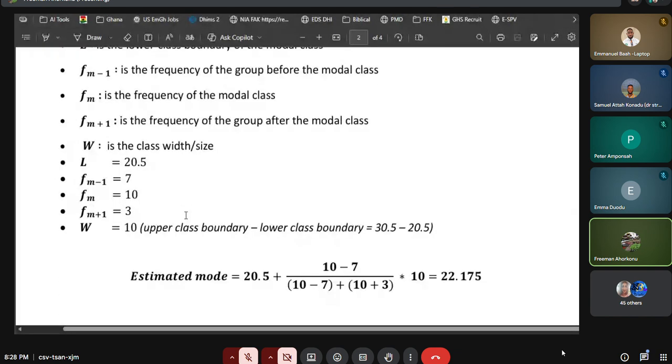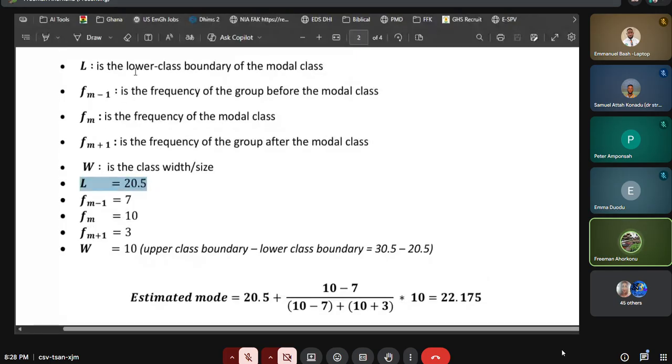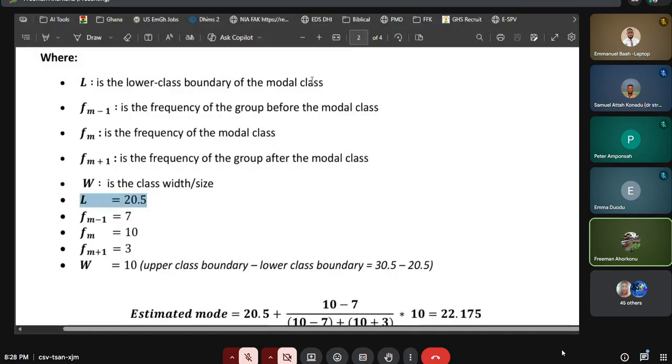So we have everything here. L, the lower class boundary of the modal class. Modal class is what? 21 to 30. So 21 minus 0.5 gives you 20.5. That's the lower class boundary. The class before the modal class has a frequency of 7.